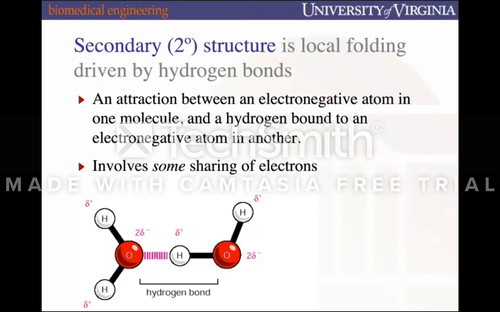And so you have the oxygen that has a negative dipole, and it's going to undergo hydrogen bonding to the hydrogen from an adjacent water molecule.